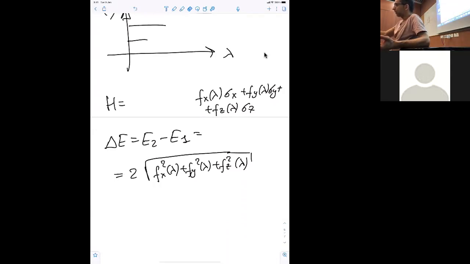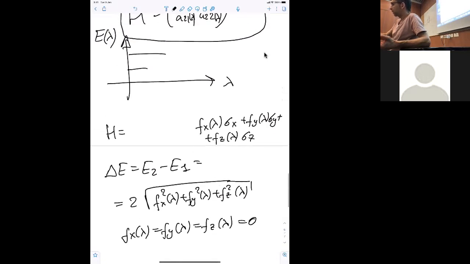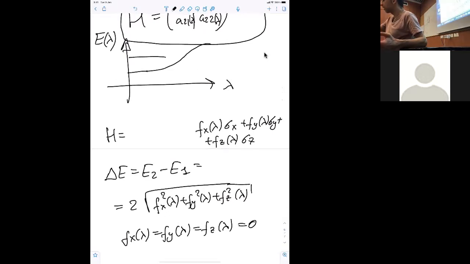So we need fx of lambda equal to fy of lambda equal to fz of lambda, and we demand that it's 0. So to have a situation when these energy levels exchange, and there is a point which is called a point of spectral degeneracy, or crossing of the levels, we need to kill 3 functions f.